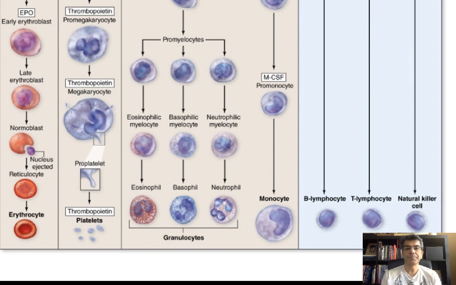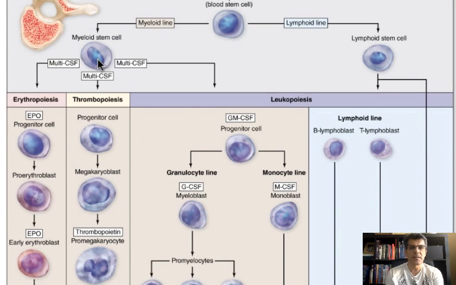But how? Well, myeloid stem cells later on, due to the effect of different types of chemicals called colony stimulating factor, CSF, can create three different types of progenitor cells. So progenitor cells are derived from myeloid stem cells due to colony stimulating factor.